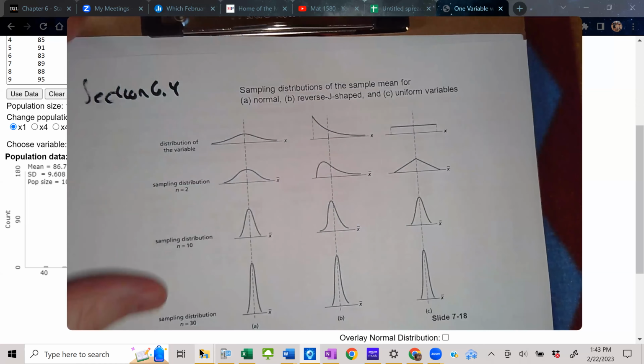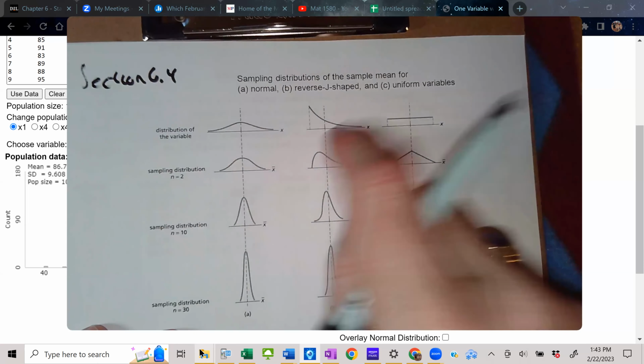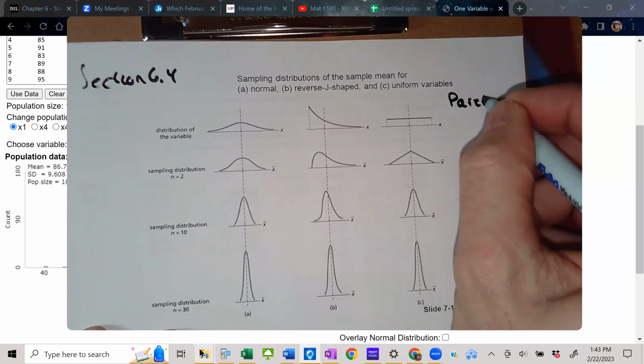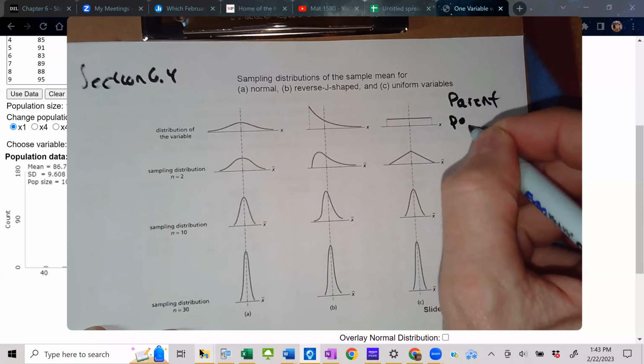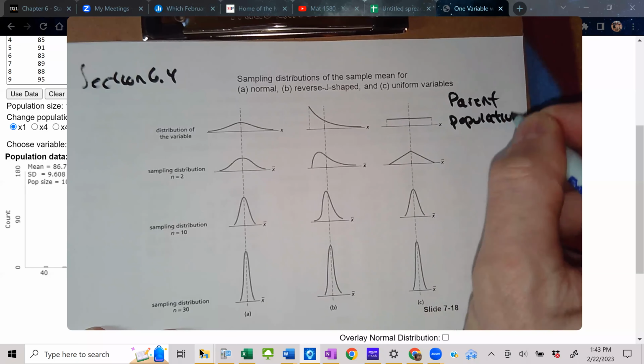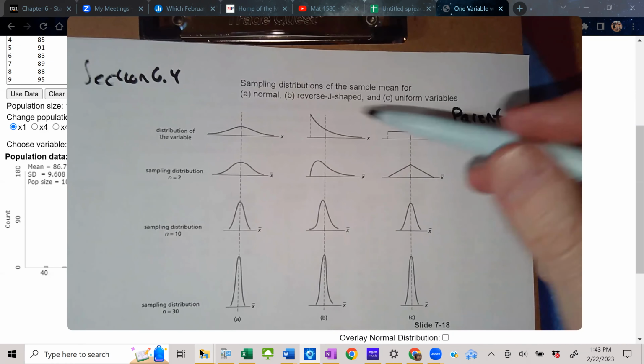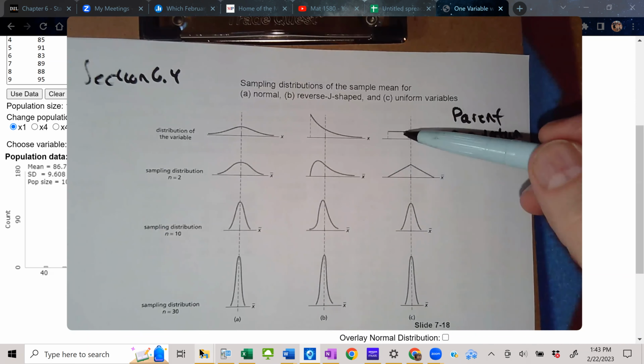And here's what happens when you look at an original population. So this is what I call the parent population, no relation to me. These are our original populations. Let's just focus on these two.